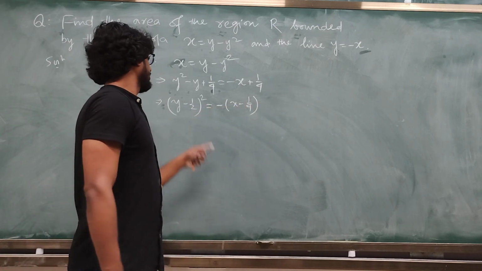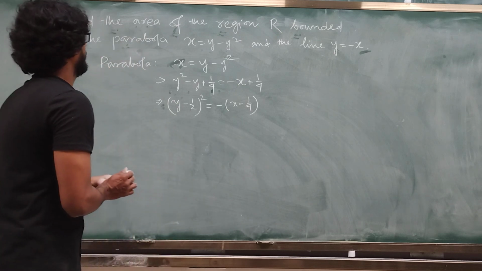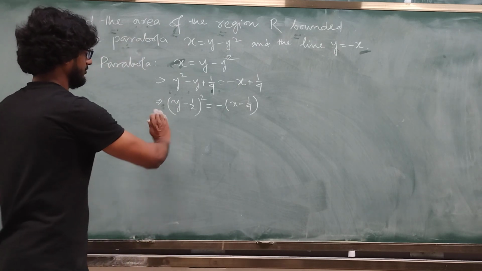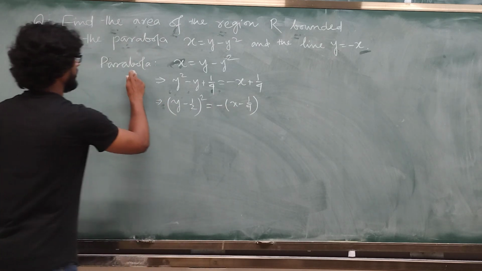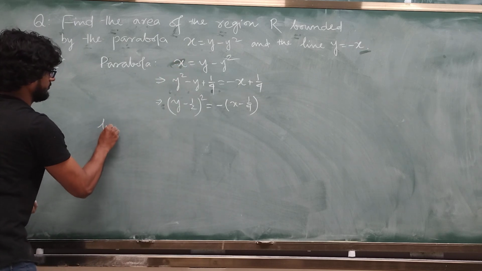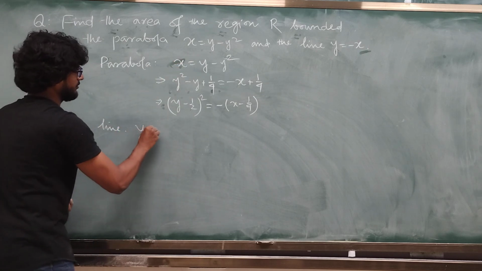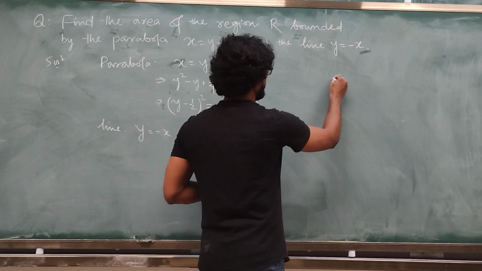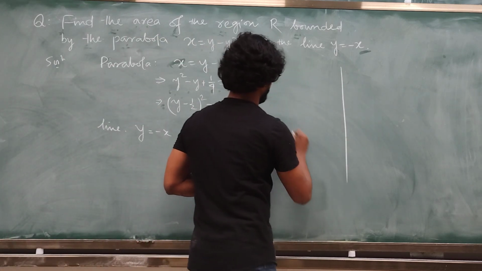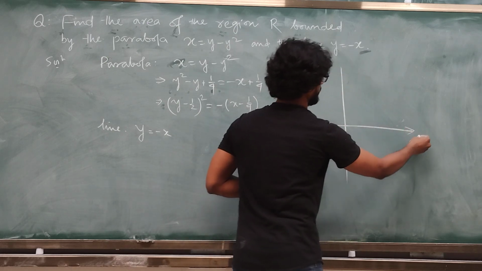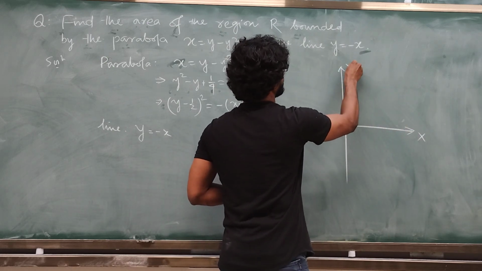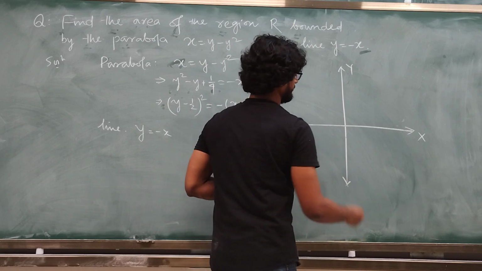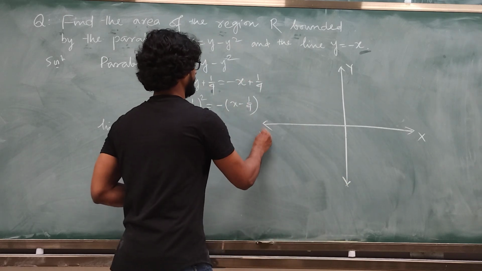Starting from there, how can we draw it? We'll draw it. And another line is given, y equals minus x. So if you want to draw this parabola and the line, this is your x-axis, this is your y-axis, this is positive axis, negative x-axis.